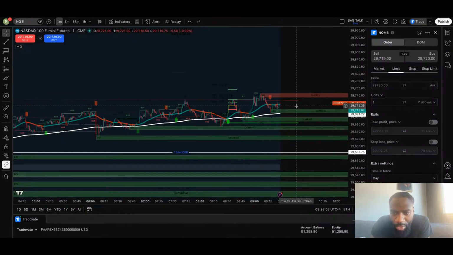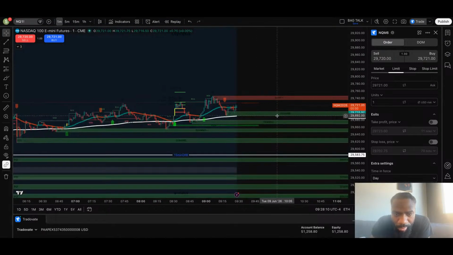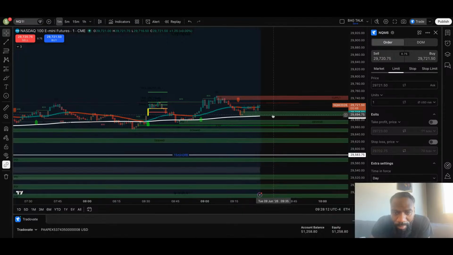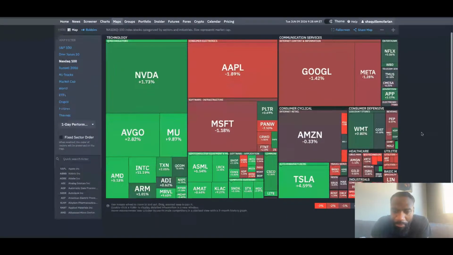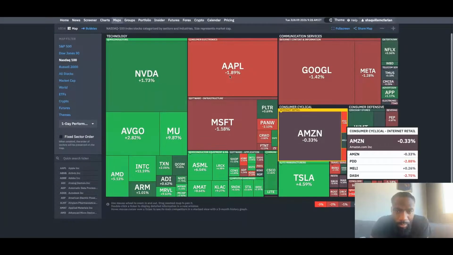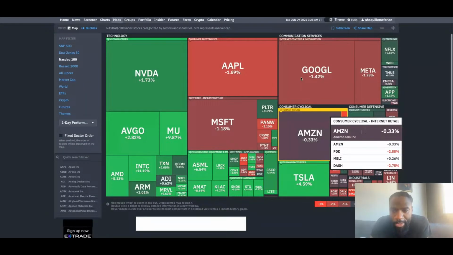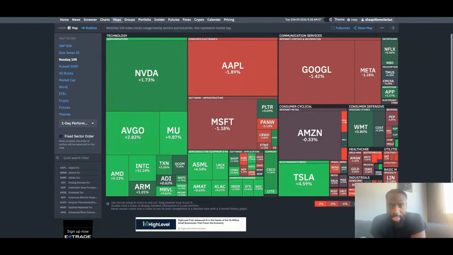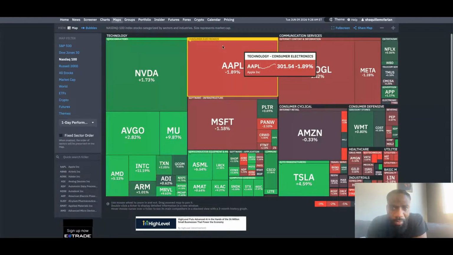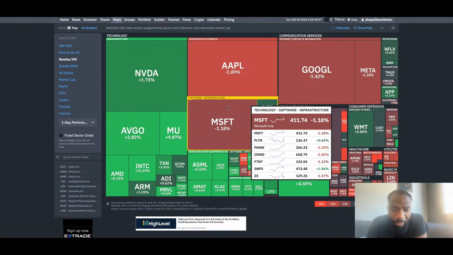You see price trying to push off of these demand levels right here off the 1 minute. Very neutral to me.